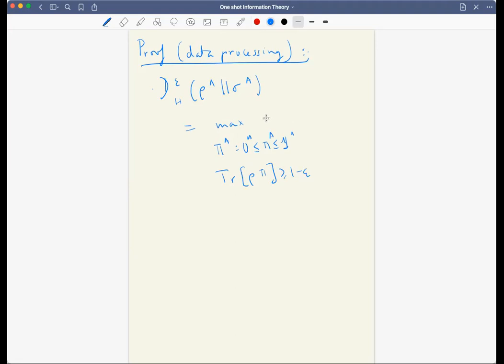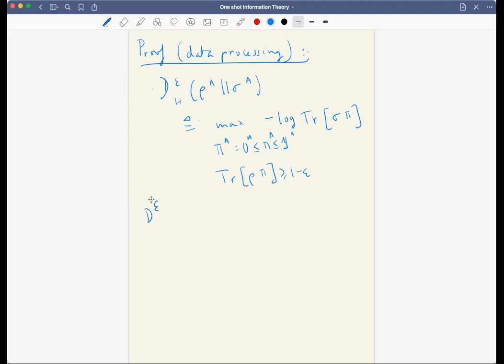And I want to maximize the negative log of trace of sigma pi. Right? This was the definition of the hypothesis testing relative entropy. Now, find the optimizing pi for this, and now look at this problem.